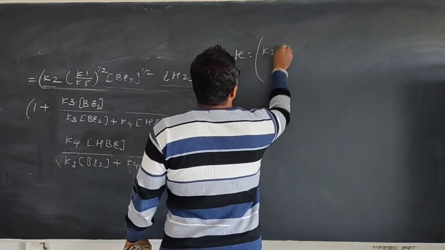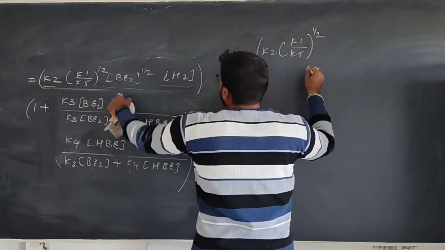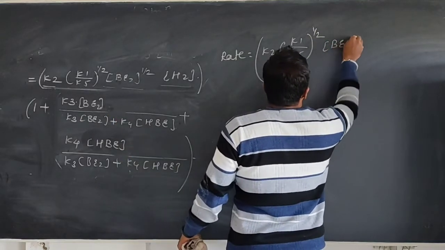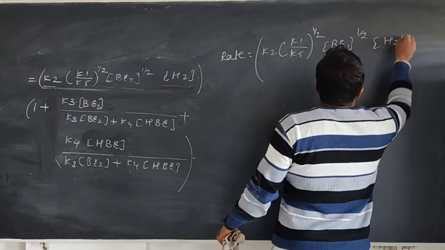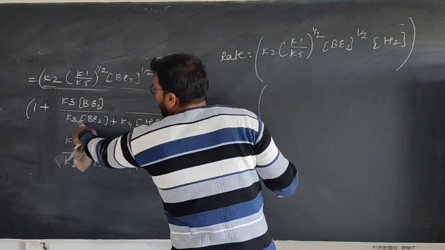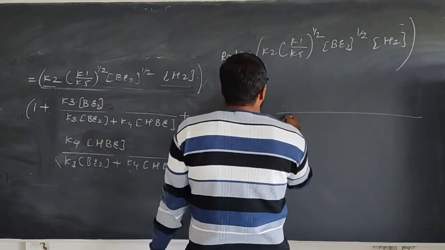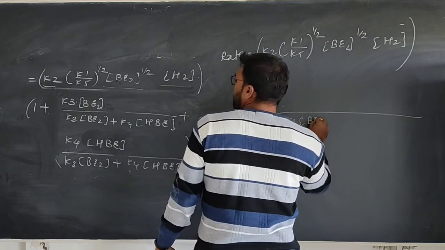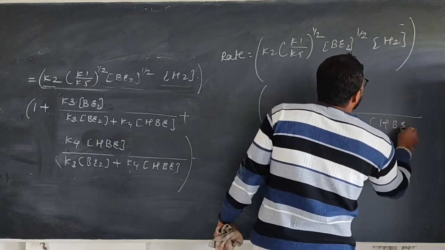The common term outside the bracket is K2 into K1 upon K5 raised to half, Br2 raised to half, and H2 remains as it is. This is the first term. Multiply here, taking as common denominator K3 into Br2 plus K4 into HBr.